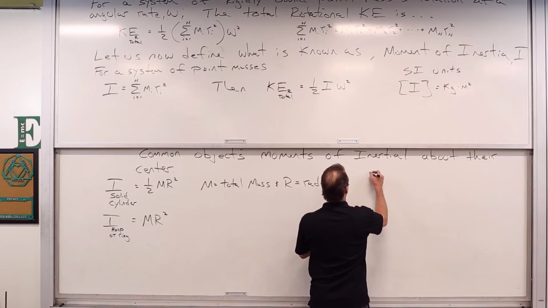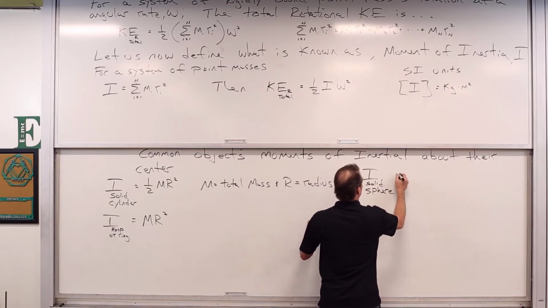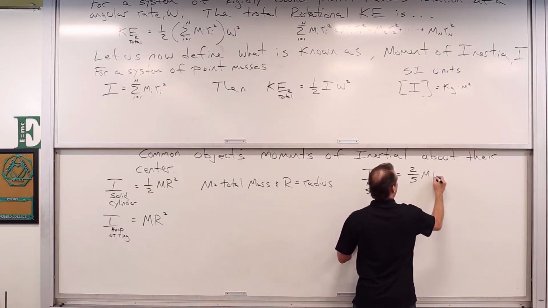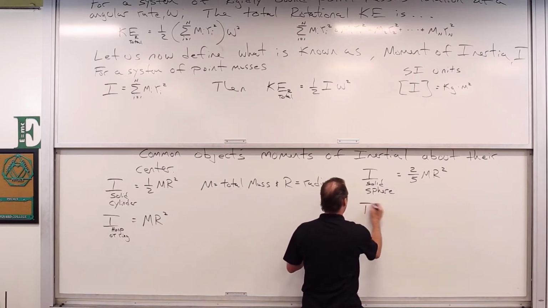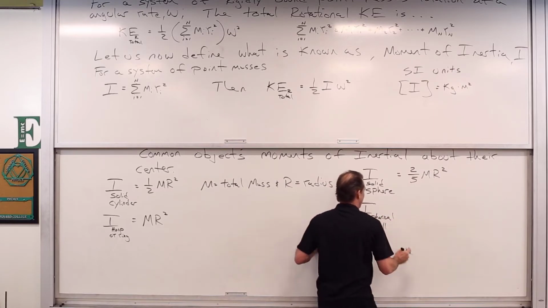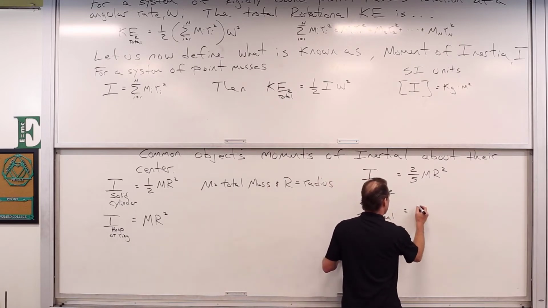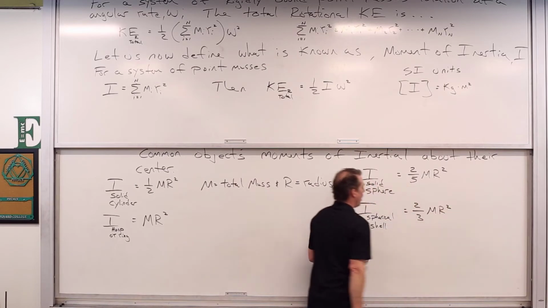You've also got a solid sphere. The moment of inertia of a solid sphere is equal to 2/5 mr squared, and a spherical shell, much like a ball that has a very thin shell on it, is equal to 2/3 mr squared.